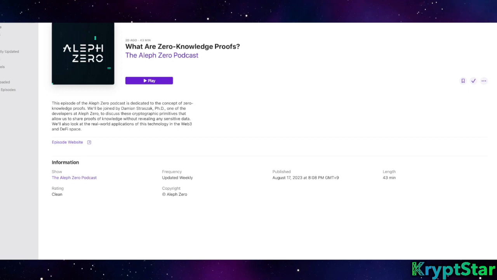And that's the point of zero knowledge proofs. Okay? So this is a very simple example, and maybe not very illustrative, but it is an example that you see every day.